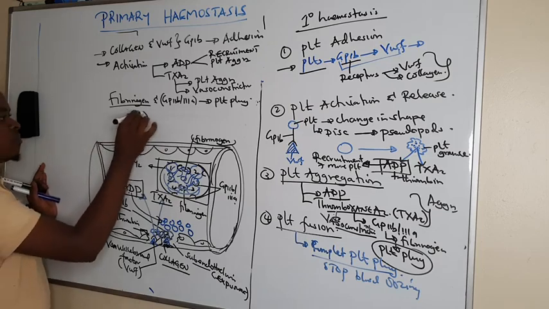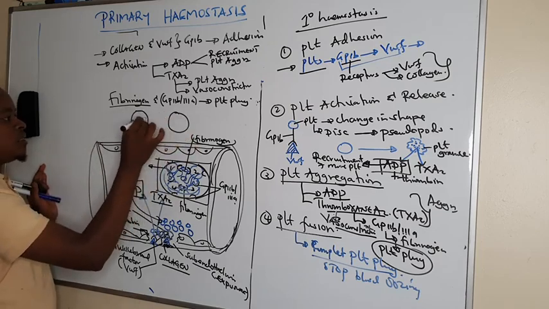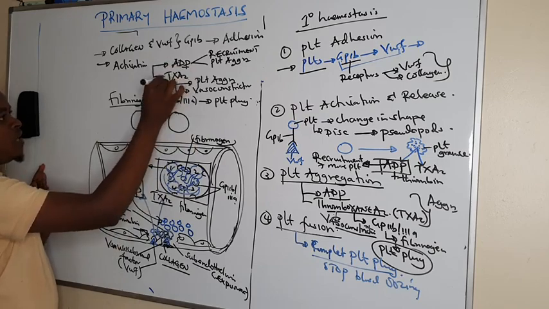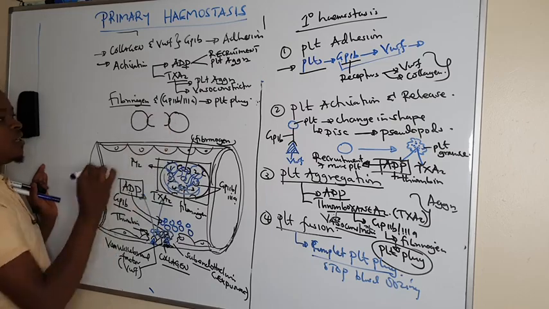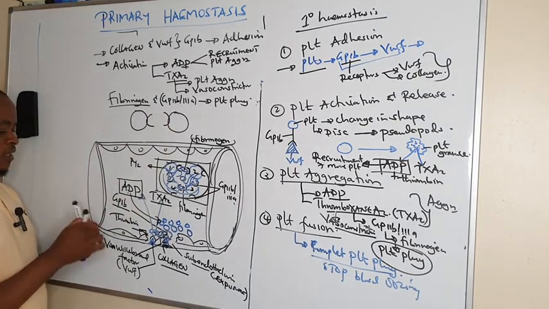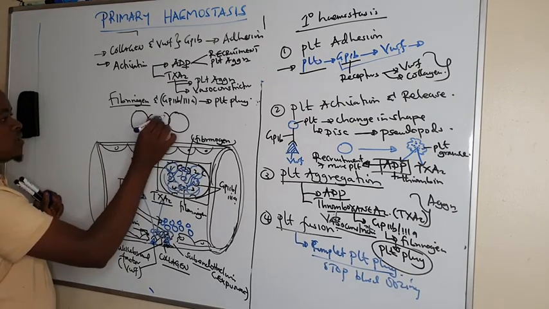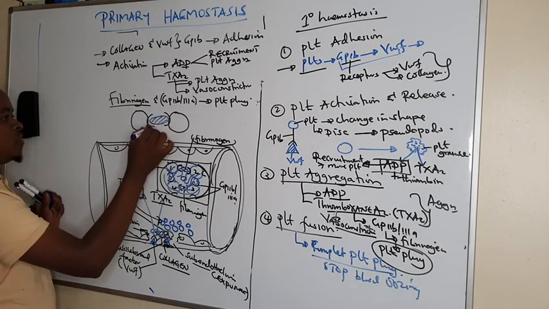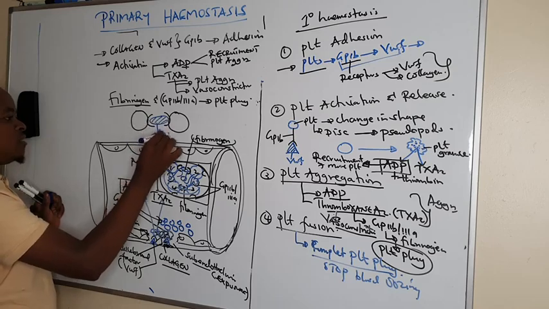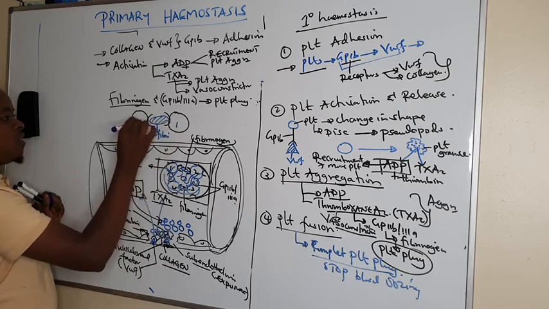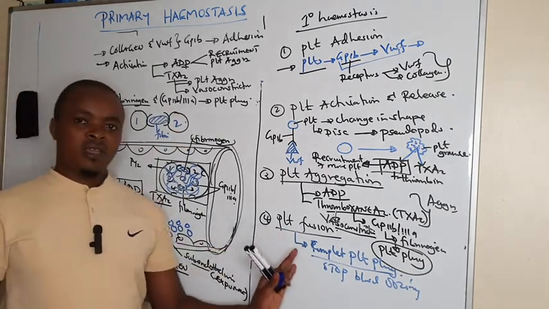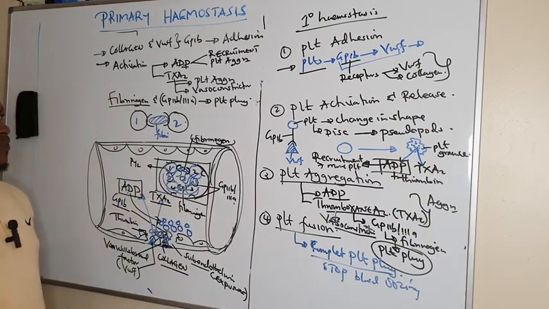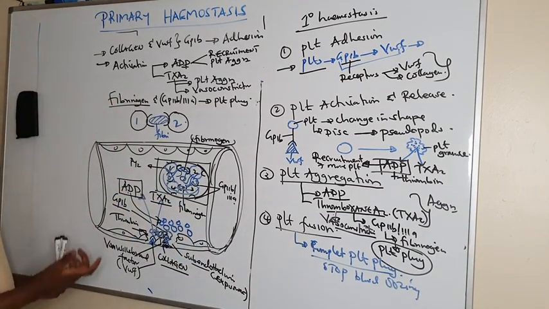Where we saw if we have a platelet 1 and another platelet, the ADP and thromboxane A2 cause exposure of the glycoprotein, and these glycoproteins are able to bind in the presence of fibrinogen. And this one we called fibrinogen. This was platelet 1, platelet 2. This is what we called platelet aggregation, and we ended with platelet fusion.